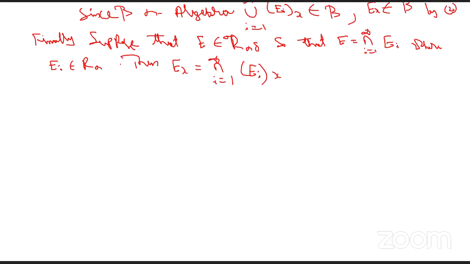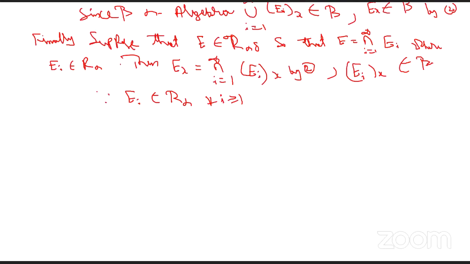But by equation 2, E_i of x belongs to script beta, since E_i belongs to R sigma for each i greater than or equal to 1.